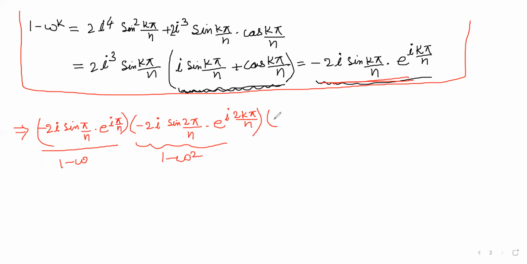In the next bracket I am going to write minus 2 iota sine 3 pi upon n into e raised to iota 3 pi by n.